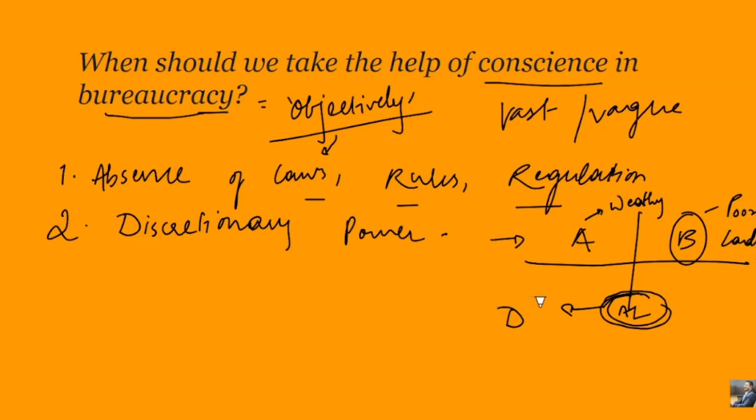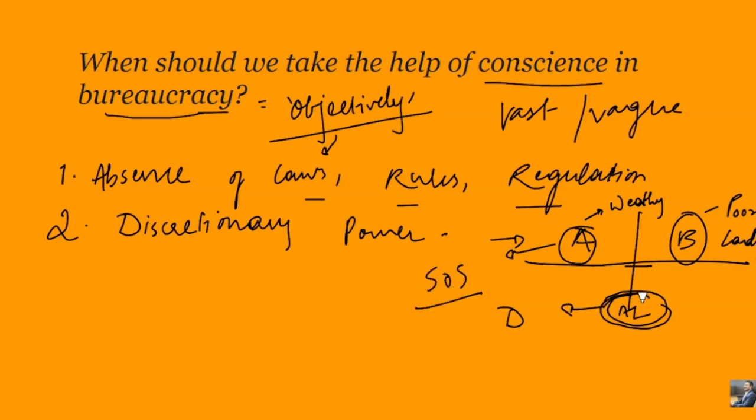And since there is no document to prove that, here the collector or authority will have a discretionary power to do justice to both of them. And here they can take the help of their conscience. The collector will take into consideration both the situations of A and B. His conscience will say that A is a wealthy person, he ought to have other sources of sustenance as well.